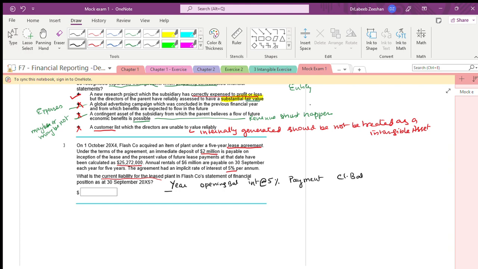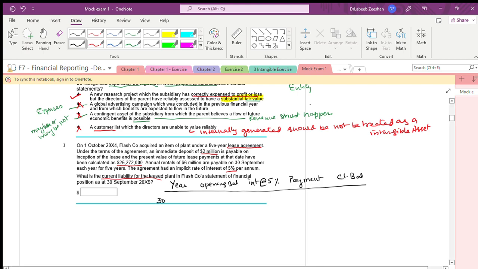The year end is 30th September. The current liability is the amount which is going to be payable in the next 12 months after the year end; that is the current liability to be shown.